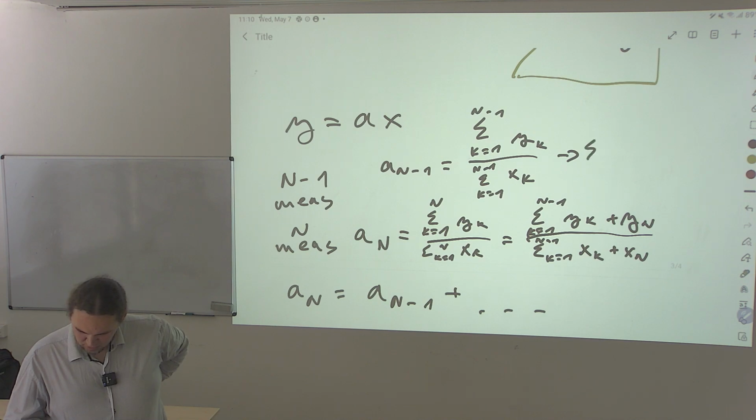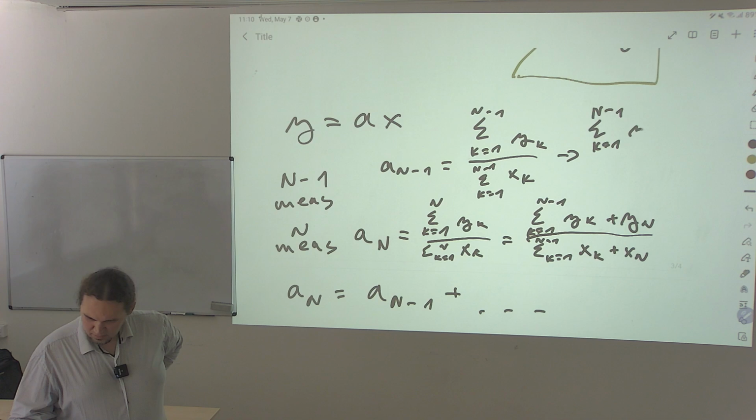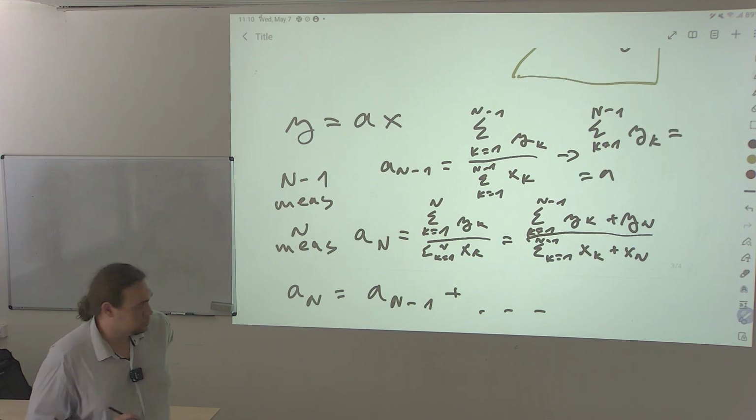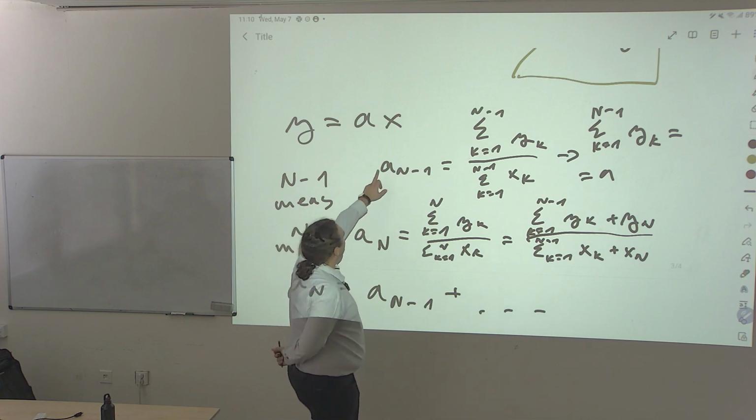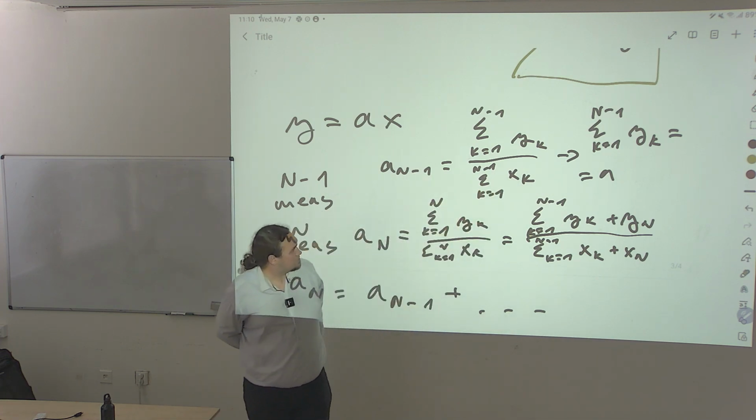So the sum of y's is equal to, we take an minus 1 times the sum of x's.